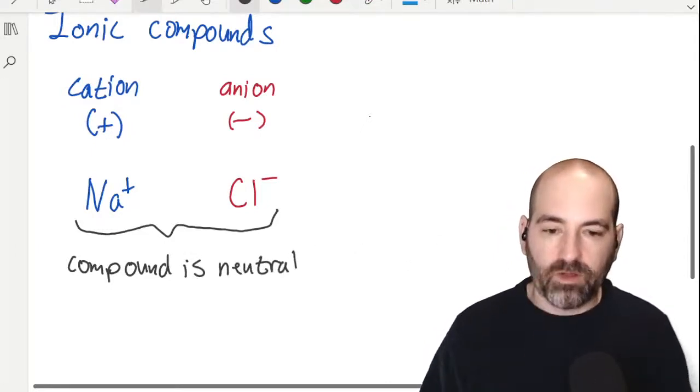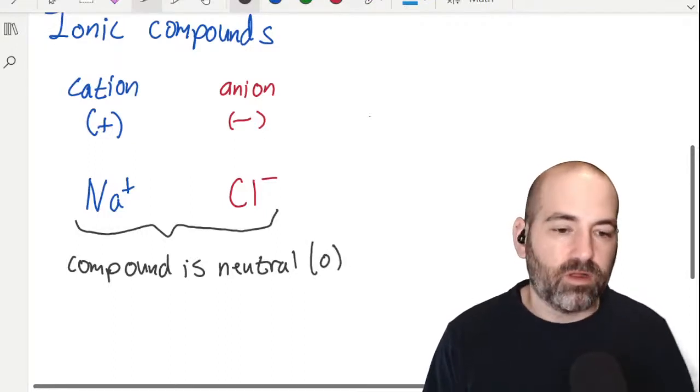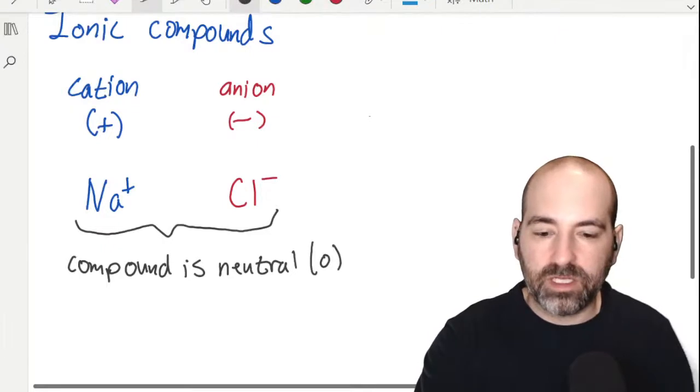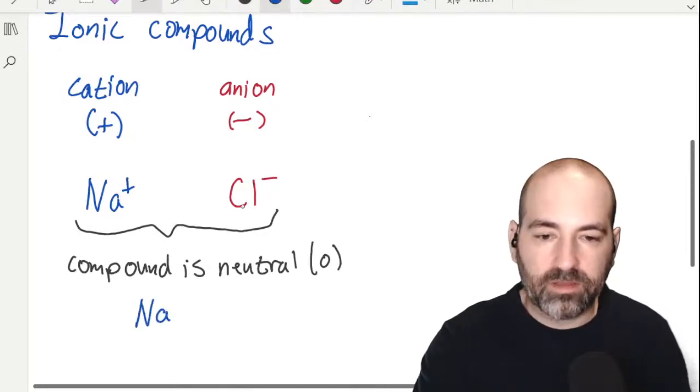All right, so overall 0 charge. Now for sodium chloride, that's pretty simple because we've got +1, -1, those balance each other out. So our sodium chloride compound is going to look like this, NaCl.